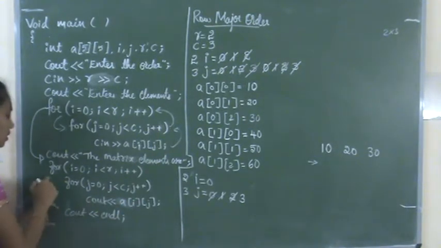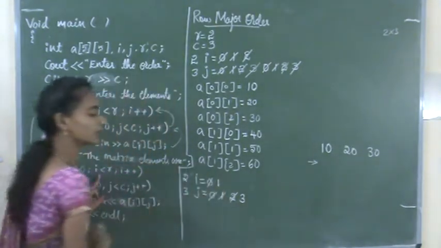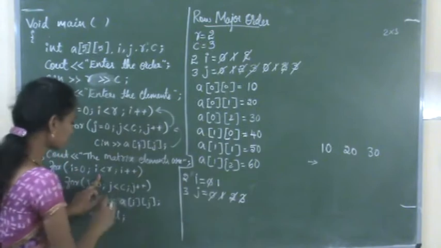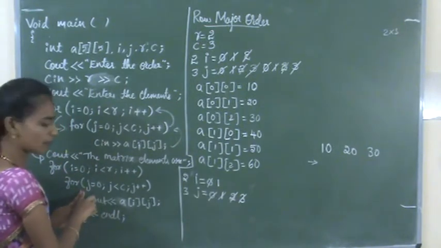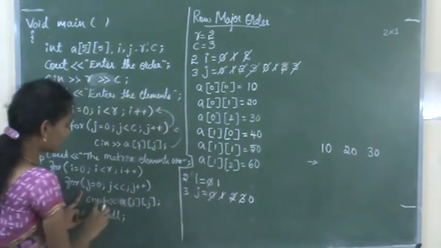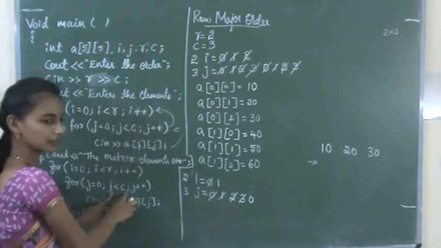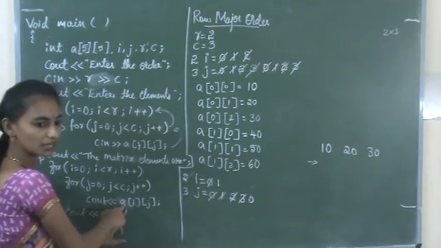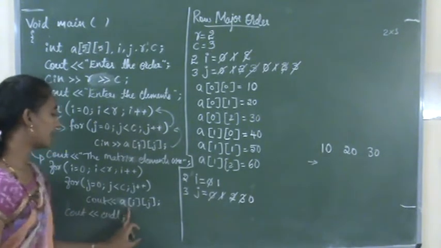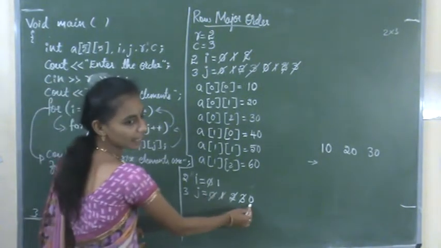Again it will go back to the for loop, increment the I value. Now I value becomes 1, right? Again it will come to the inner for loop, j value becomes 0. Then check the condition, that is 0 less than 3, true, it will enter into the for loop. Now in this for loop a of ij, right? What is the I value? 1, j value 0.